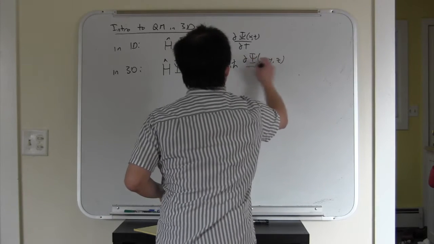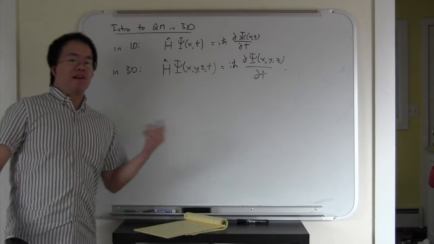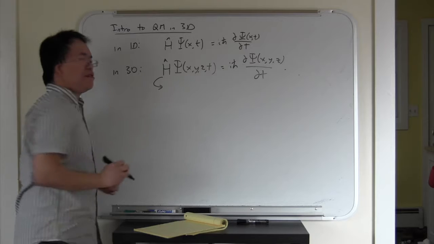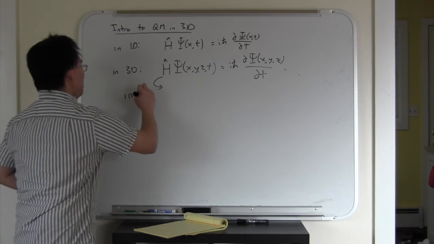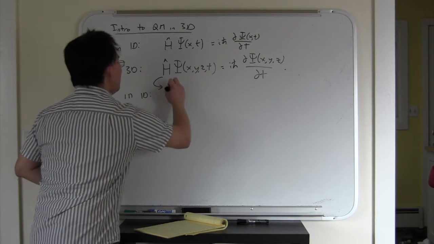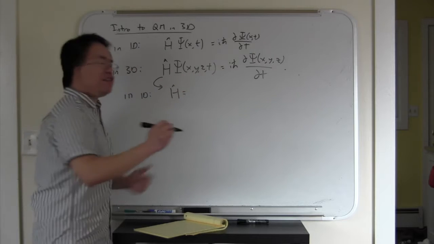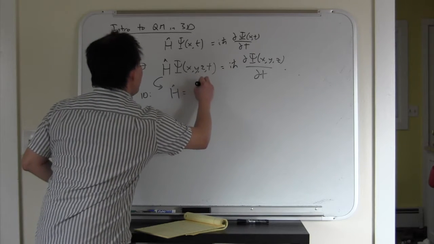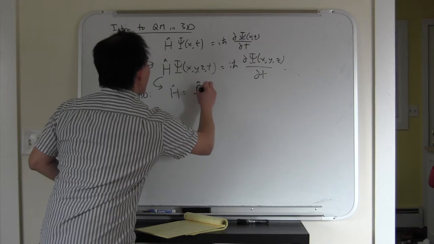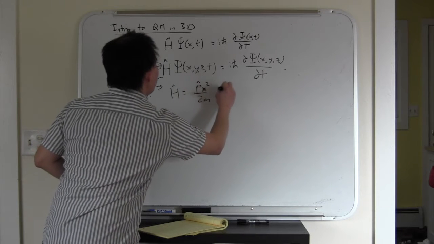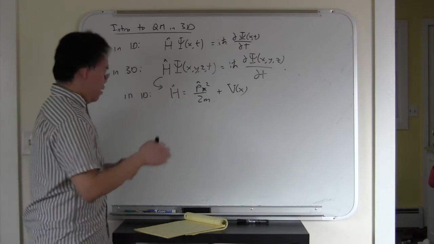d Psi dt. Then it becomes a question of how do I generalize my Hamiltonian? Because in 1D, we have our Hamiltonian, it's really the total energy operator, so there's a kinetic energy term that went like p_x squared operator over 2m, plus the potential energy V of x.